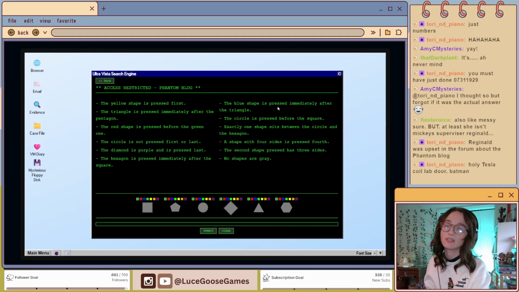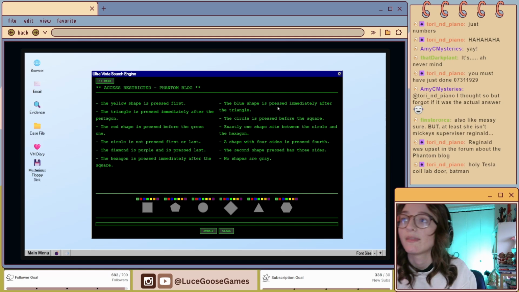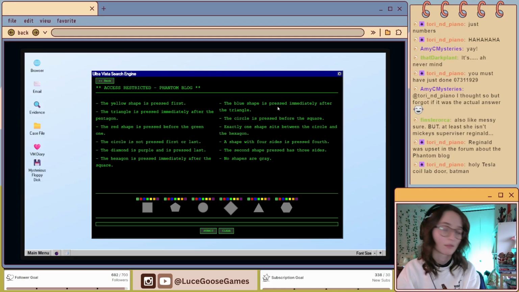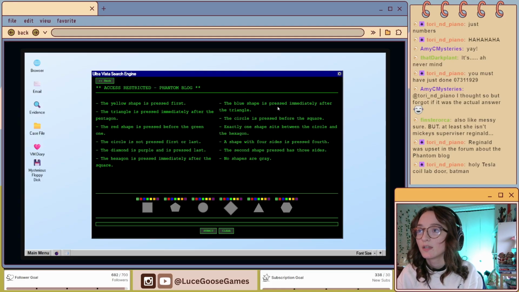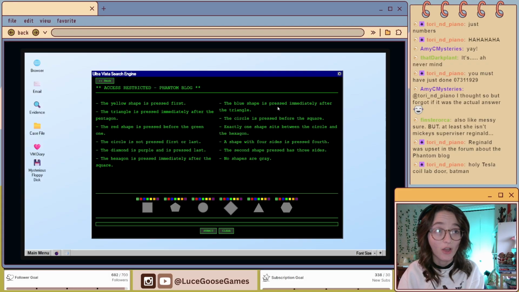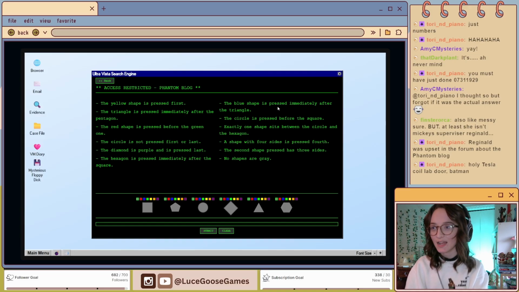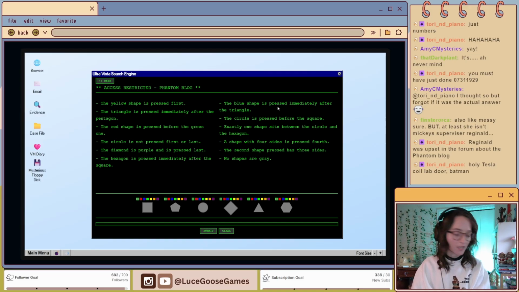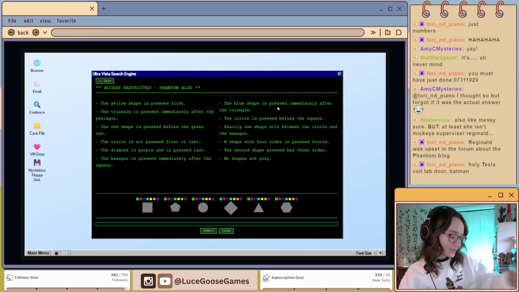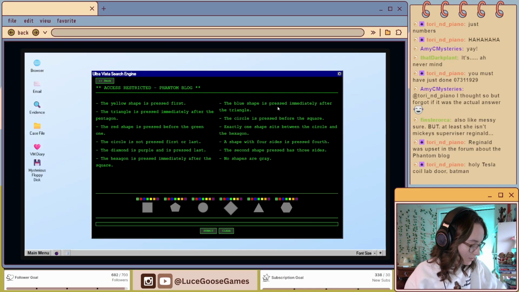Exactly one shape sits between the circle and the hexagon. We still don't know where the hexagon is. A shape with 4 sides is pressed fourth. Which means that it has to be the square because we know that the diamond is 6th. It is last. So square is 4th.